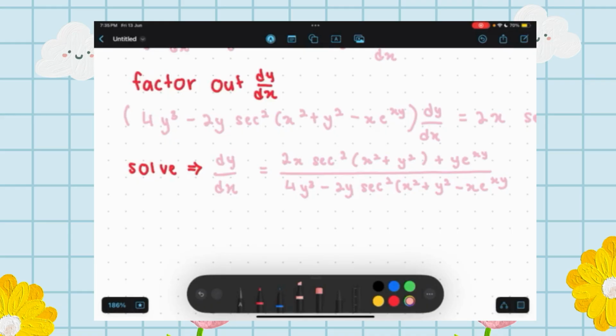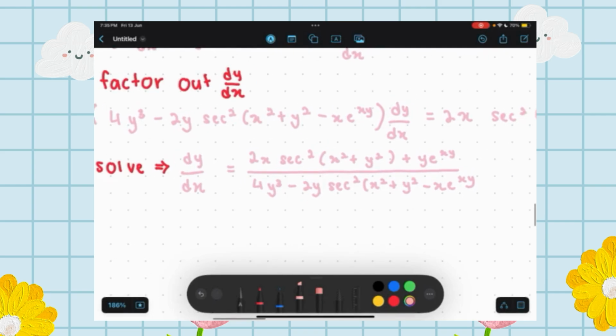The answer is dy over dx equals 2x sec squared (x^2 + y^2) plus y e^(xy) over 4y^3 minus 2y sec squared (x^2 + y^2) minus x e^(xy), and you'll get that answer.